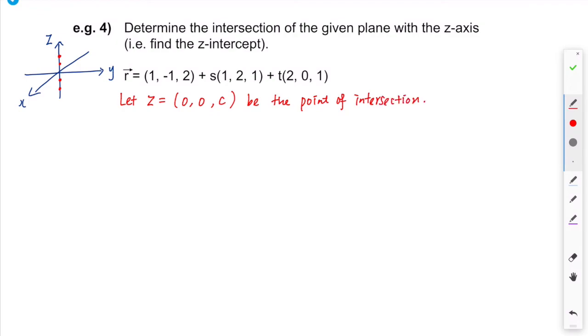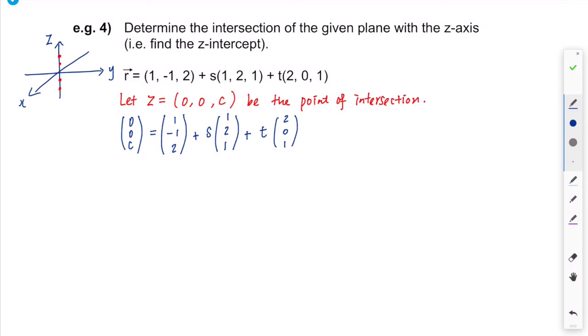Just like that, okay. So now I know that I can just set (0, 0, C) equal to the equation of the plane, which is (1, negative 1, 2) plus s times (1, 2, 1) plus t times (2, 0, 1). Okay.